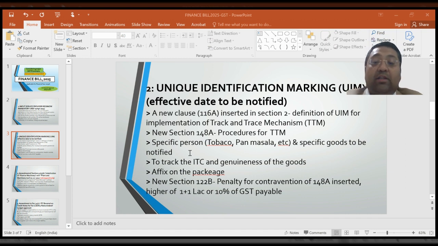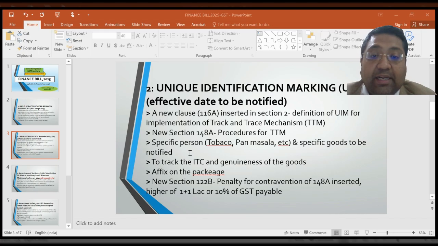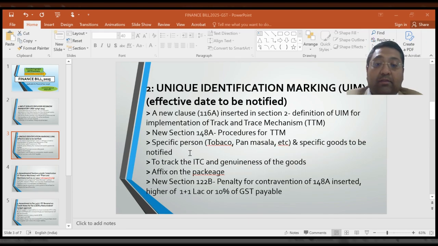A new clause 116 has been added in section 2 for defining UIM. What is UIM? A specific marking will be added on the packages, on the products, to ensure the ITC claims are genuine and goods are properly tracked.